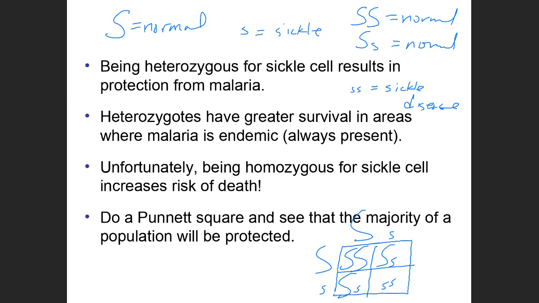What we see is that 75% of the population will be phenotypically normal, our 3-to-1 ratio, and 25% will have the sickle disease, and they will typically die. But the majority of the population is protected from malaria.